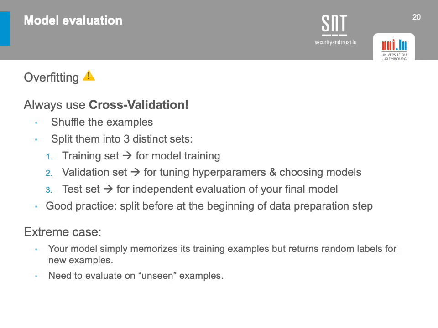And it is important to have a third set, which is called the test set, to have an independent evaluation of the final model. Because think of the case where we have a lot of hyperparameters and a lot of possible hyperparameter values. As we combine them, maybe we will train thousands and thousands of models.